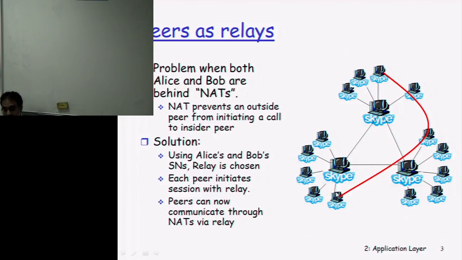So Alice supernode and Bob supernode. What they do is act as a relay. Using Alice and Bob supernodes, a relay is chosen.